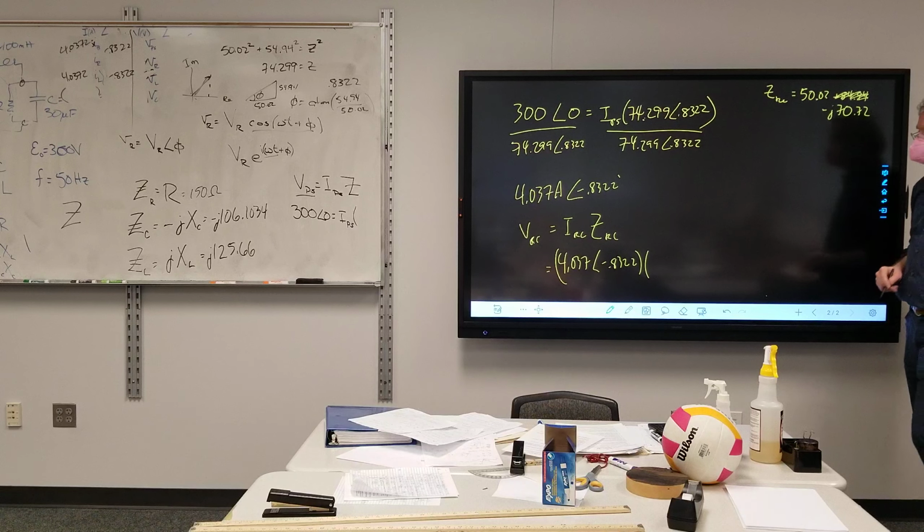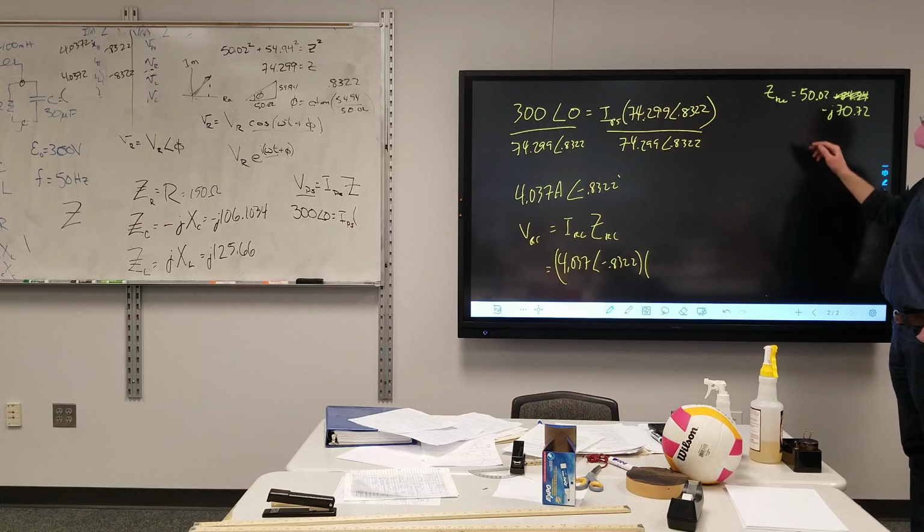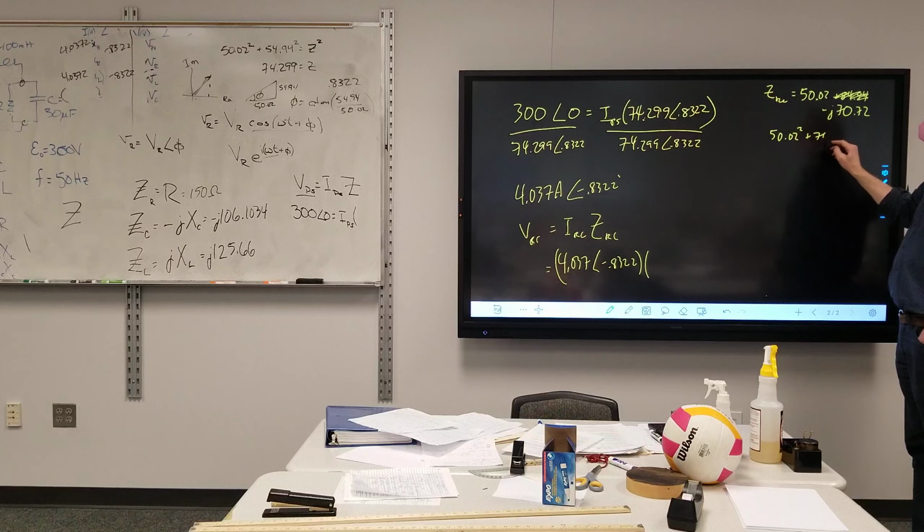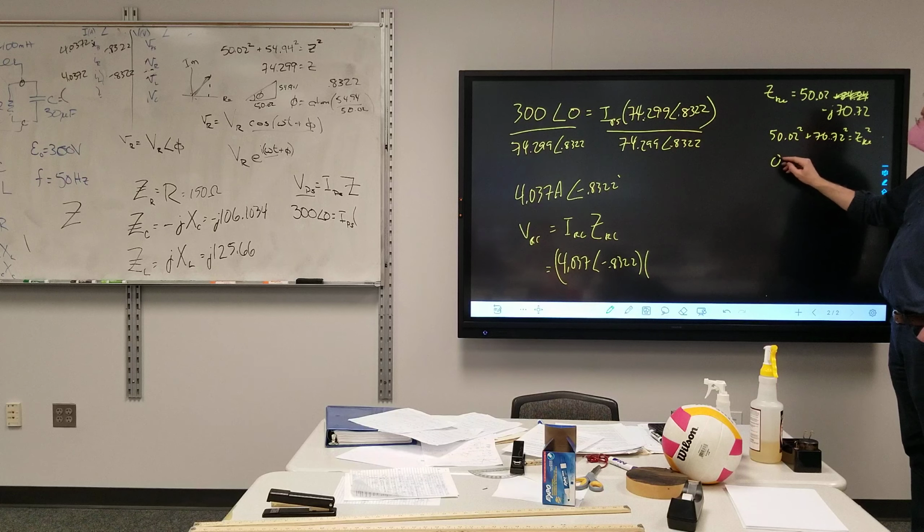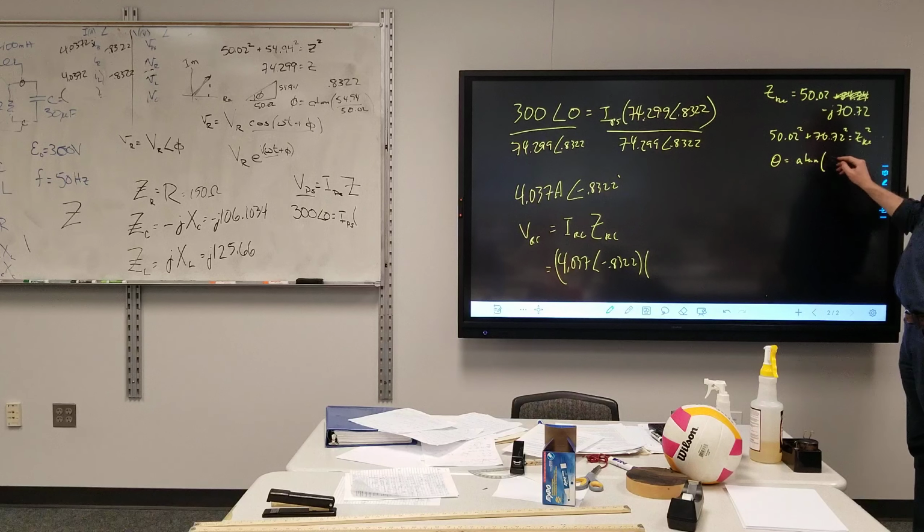Let's get it in polar form, because it's going to be a whole lot easier to multiply it that way. So my magnitude, 50.02 squared plus 70.72 squared, equals ZRC squared. And then my angle is going to be the arctan of negative 70.72 over 50.02.